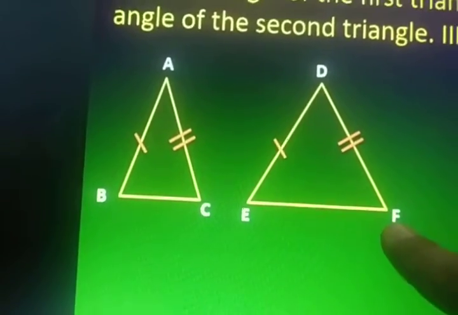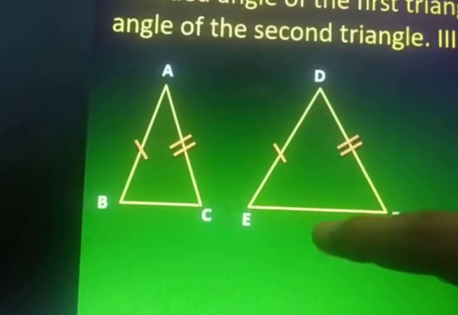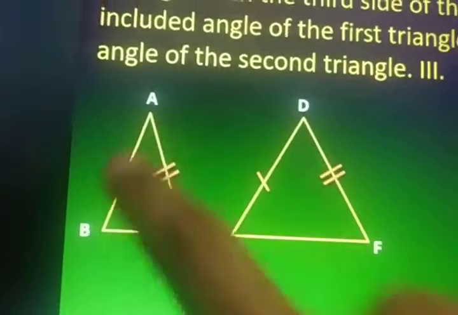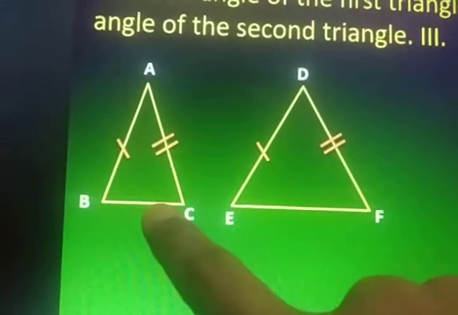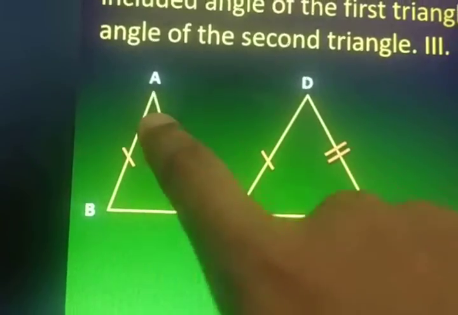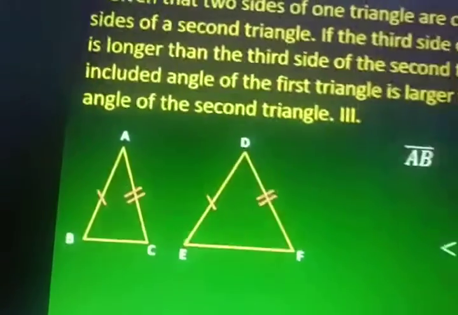Si EF kay laba kumpara kay BC, therefore, ang opposite angle niya nga si angle D is bigger compared to angle A. Si BC mas gamay kay line segment EF, so meaning ang opposite angle niya mas gamay man, ang angle A kumpara sa angle D.